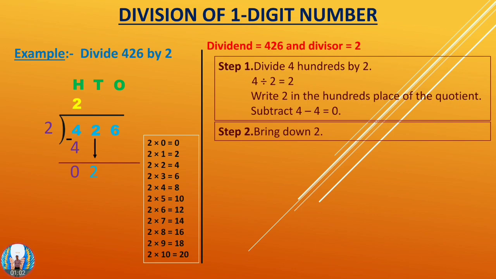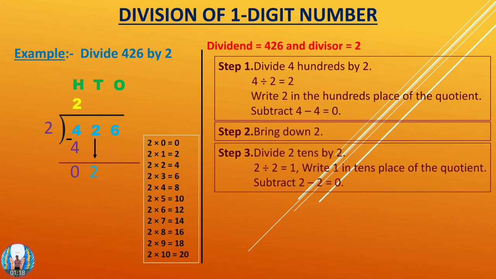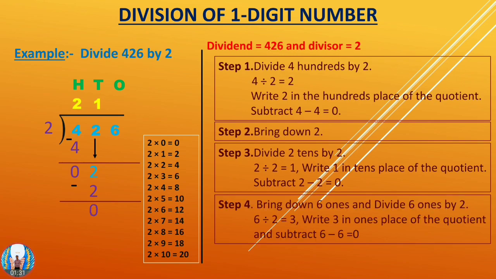Now we will divide this 2. Now here 2 is coming in the ones place, so 2 1s are 2. So we will write 1 here in the quotient place, and we will write 2 just below the dividend. We will subtract 2 from the 2, that is 0.